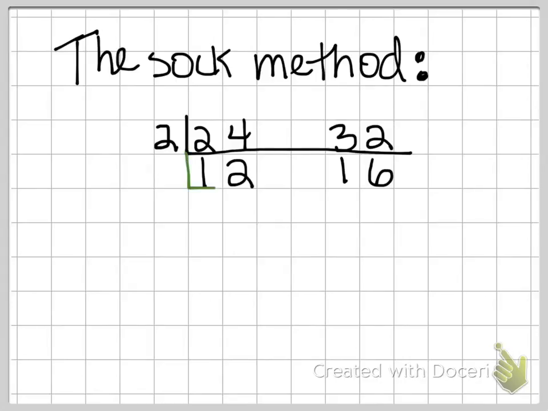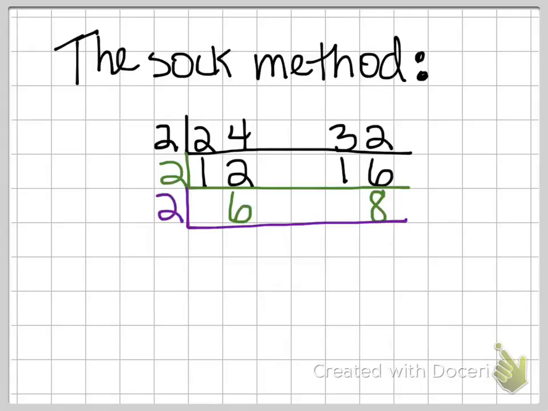I'm going to take out 2 again. 12 divided by 2 is 6. 16 divided by 2 is 8. And keep going. I'm going to take out 2 one more time. 6 divided by 2 is 3. 8 divided by 2 is 4. At this point, though, I can't proceed because there's nothing that 3 and 4 share other than 1.